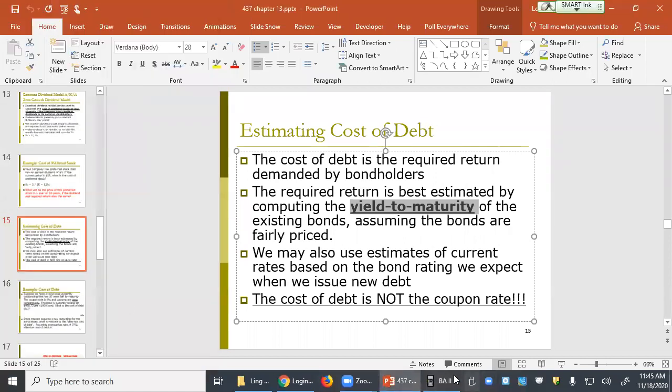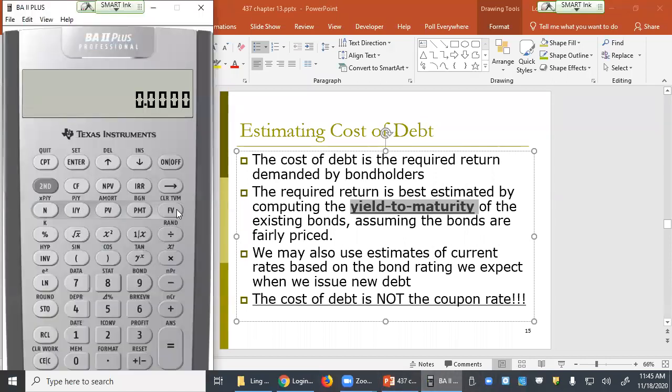It is those 5 function keys that are located on the third row of a financial calculator, right? You can solve for any one of the 5 unknowns for as long as you have the input information for the other 4 variables. And to solve for cost of debt, we're computing for the I/Y. And conceptually, that is the yield to maturity or the current required rate of return.